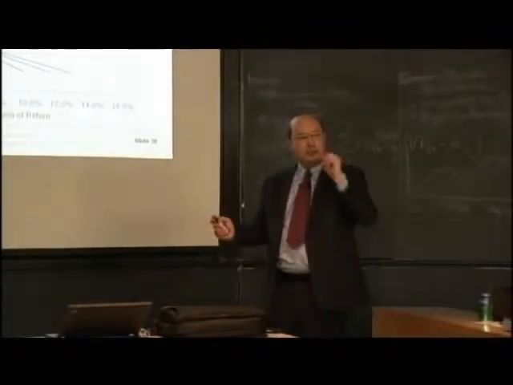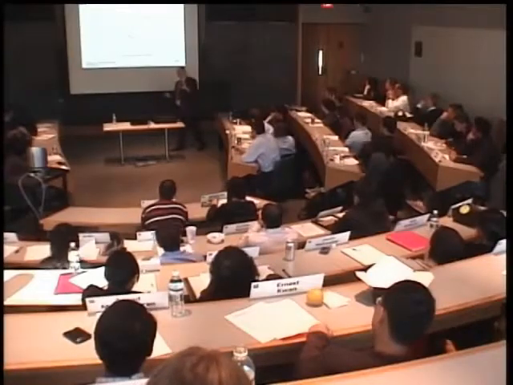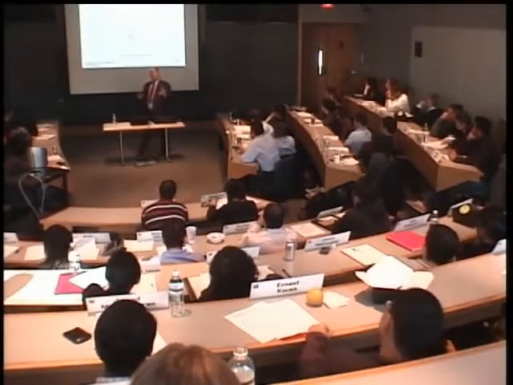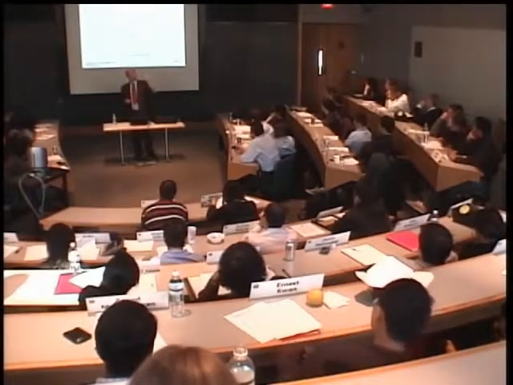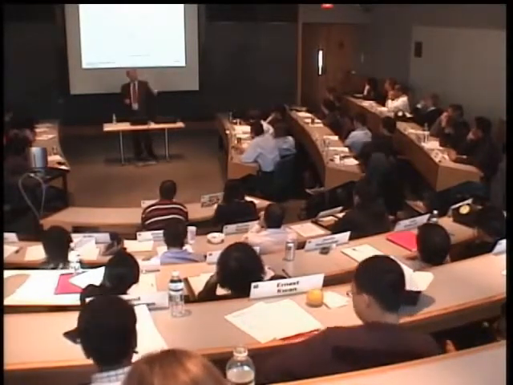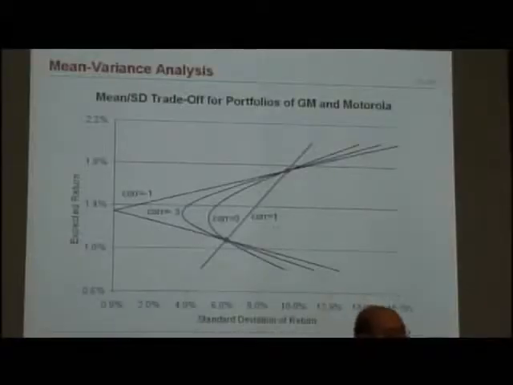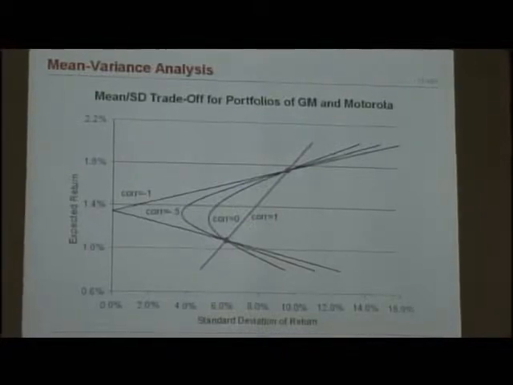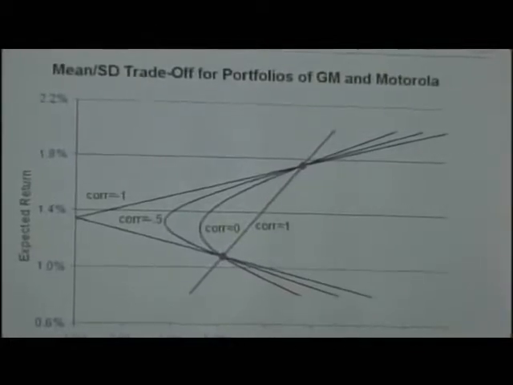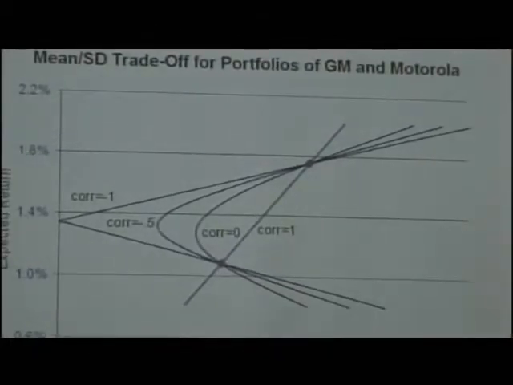Look at the graphs. These are the graphs of the 3 different cases of zero correlation, perfect correlation, and perfect negative correlation. I want to go through each one of these with you. So the case of perfect positive correlation, it turns out that the risk-reward trade-off is actually just a straight line.